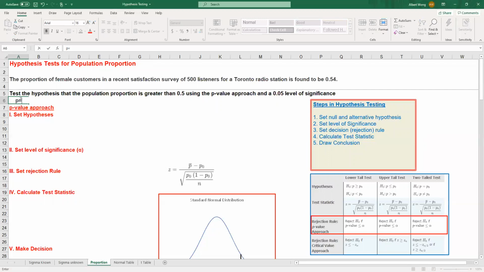P is the population proportion of females. That's what we're trying to make inference on. We want to see whether the proportion of females is bigger than 0.5. And so our alternate hypothesis is that P is greater than 0.5.